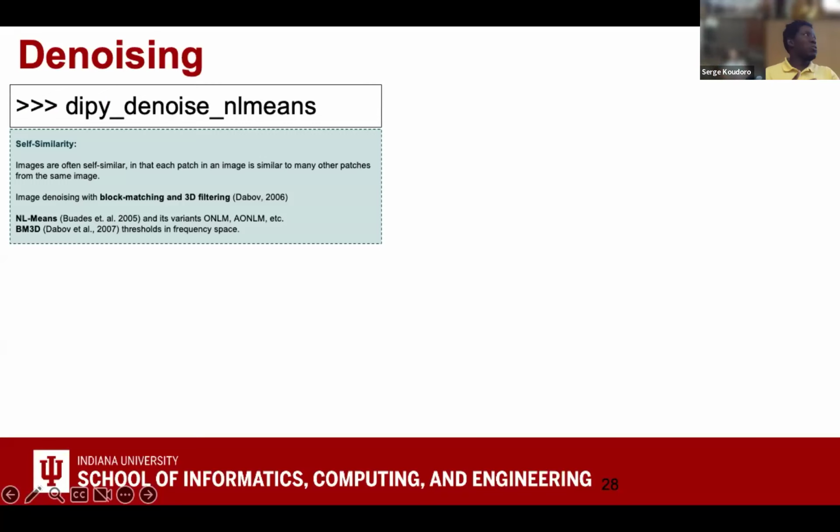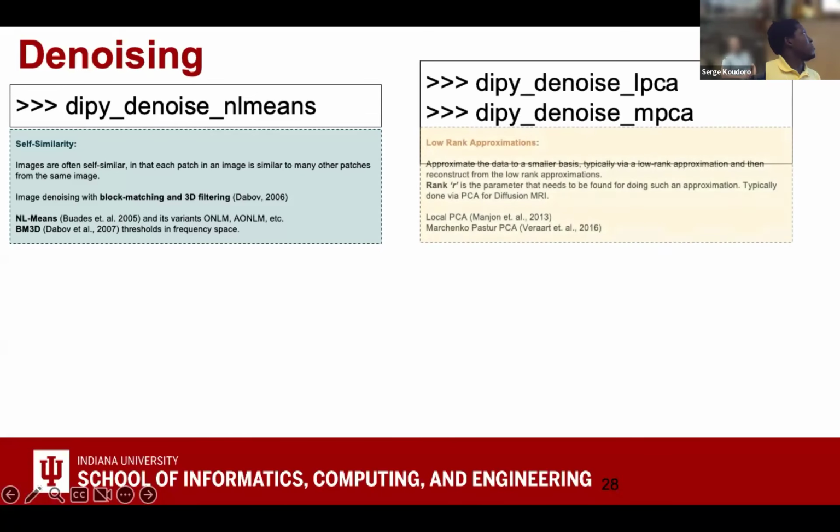There are some tricks to be faster, and some tricks to modify the comparison, but it's really the main principle of the self-similarity algorithm. They work quite well on different images, but in diffusion imaging, we don't usually recommend this type of algorithm. They are fast, but they are not reliable.